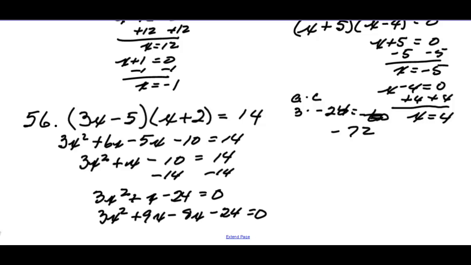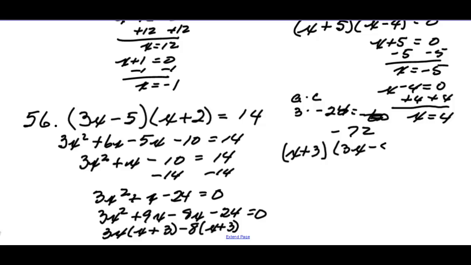I'll carry that off to the right, but when we factor the first group, what we get is 3x times x plus 3. And factoring out the negative 8 here, what we get is x plus 3. Now what we have are x plus 3 times 3x minus 8. And that all equals 0.